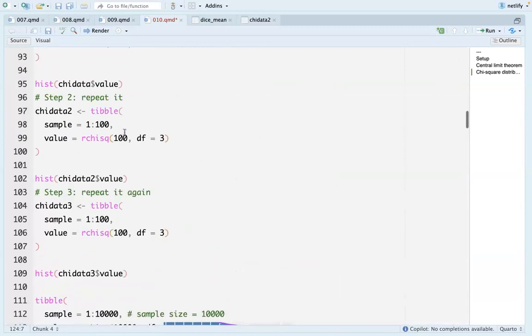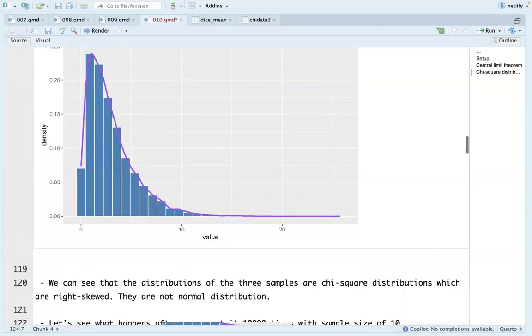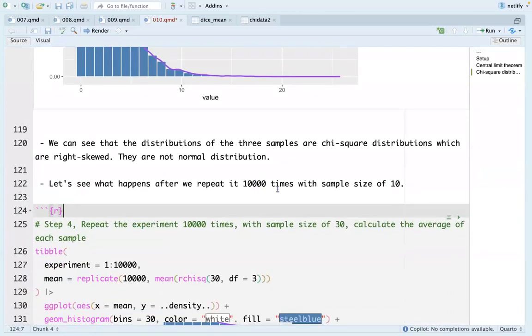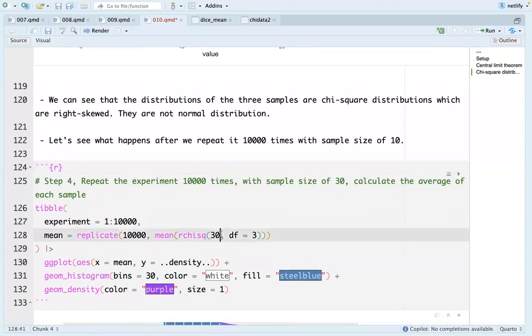Here we got three experiments. So now let's take 10,000 experiments with a sample size of 10. Degrees of freedom is still 3.